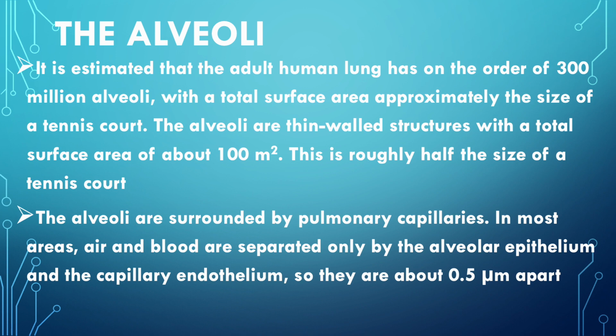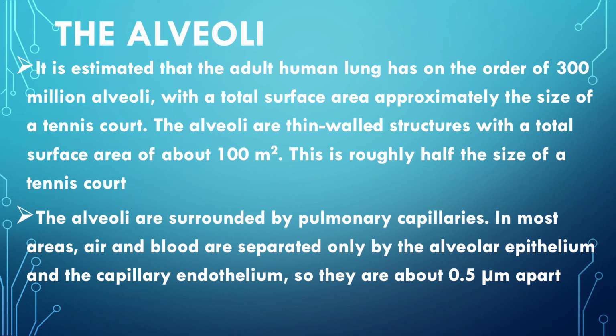That's a total of about 600 million alveoli in both lungs in the adult, with a total surface area approximately the size of a tennis court. So the lungs have a huge surface area.